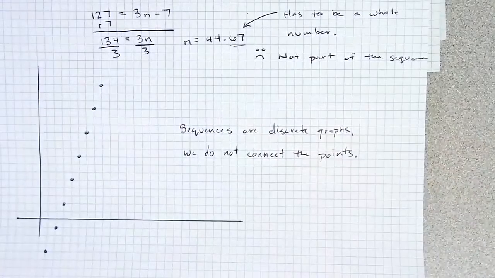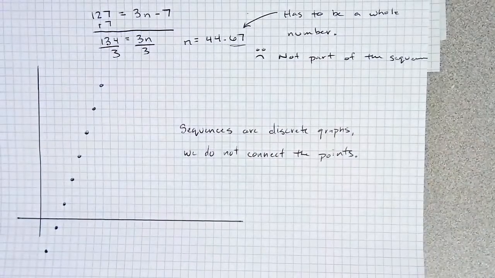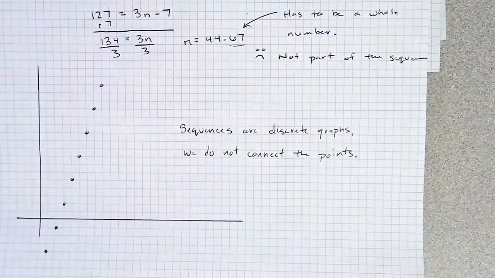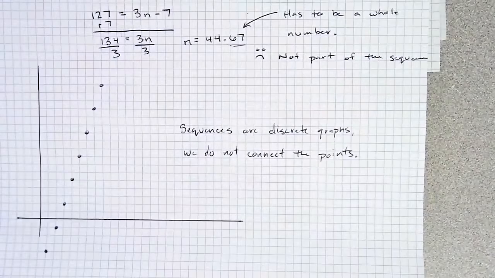We're not going to connect the points, and again, that's because there's not a half of a term, there's not a 3 3/4 term. We're only dealing with whole numbers.